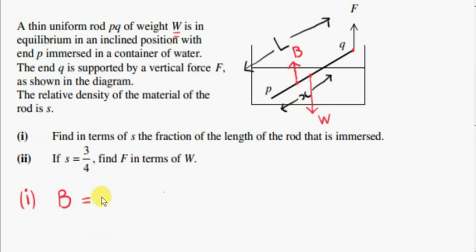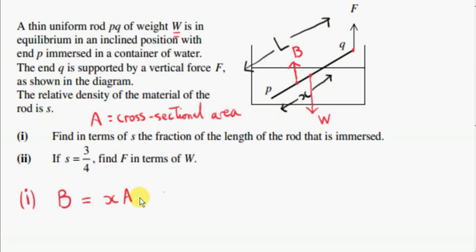Okay, the volume of the liquid displaced is equal to the volume of the immersed rod. So what's the volume of the immersed rod? Well, that's the length x by the cross-sectional area, which I'll call A. Okay, we saw this before. That's the volume of the immersed part of the rod, which in turn is equal to the volume of the water displaced by the immersed part of the rod.